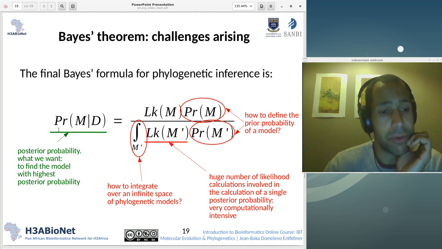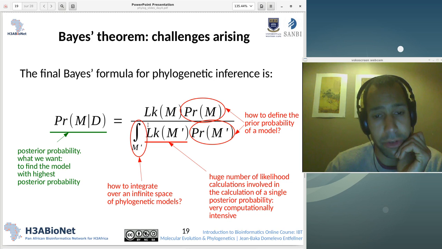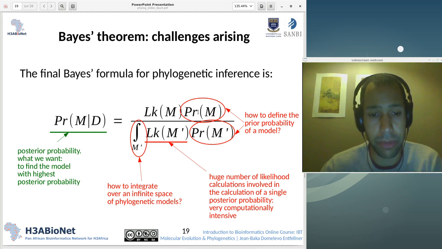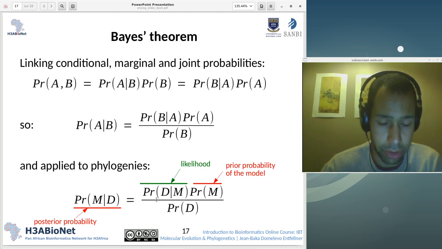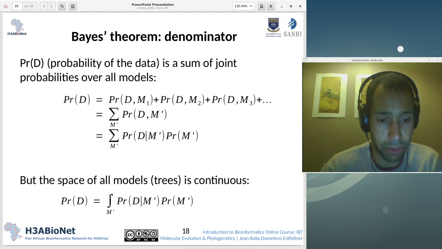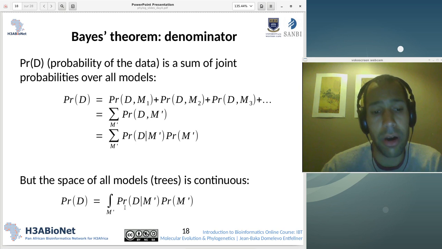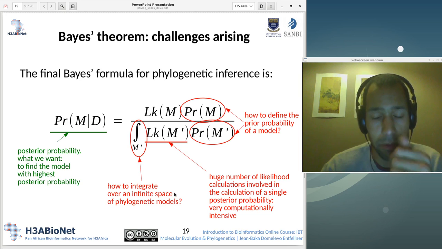So the posterior probability is the target to optimize. We want to optimize this to find the model with the highest posterior probability. Here we have this in the numerator, and remember the denominator was the probability of D, and we rewrote it as an infinite sum of probability of D knowing M prime times probability of M prime.